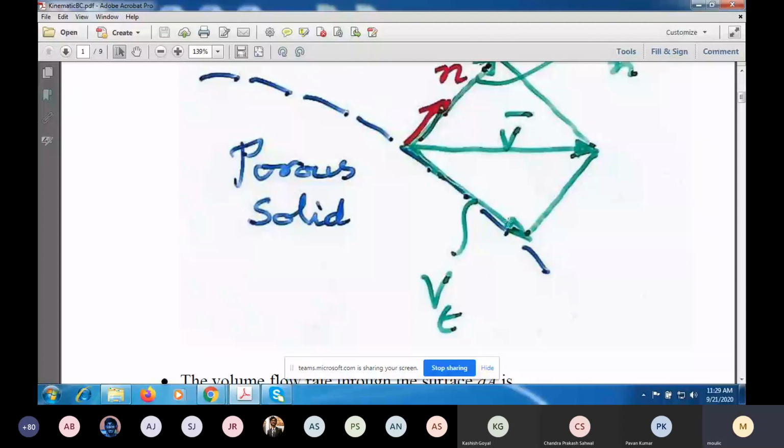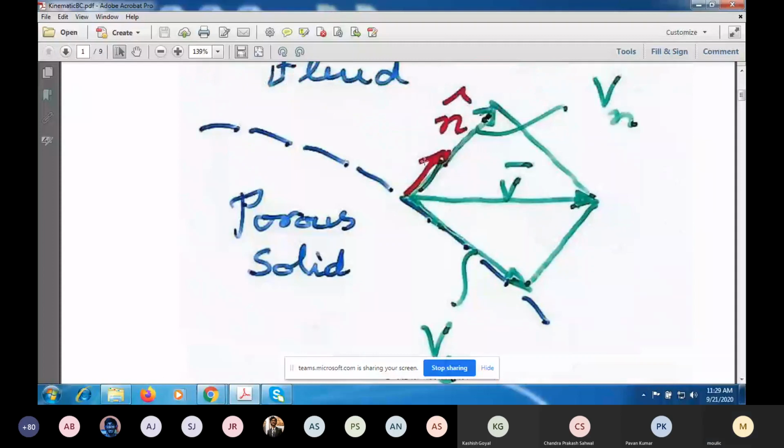Sometimes this could be 0 if it's a viscous fluid. But even if the viscous fluid is at a porous wall, it may be some small number. But whatever it is, if it's a porous solid, fluid can seep through the solid, through the pores. So the normal component of velocity can be non-zero.